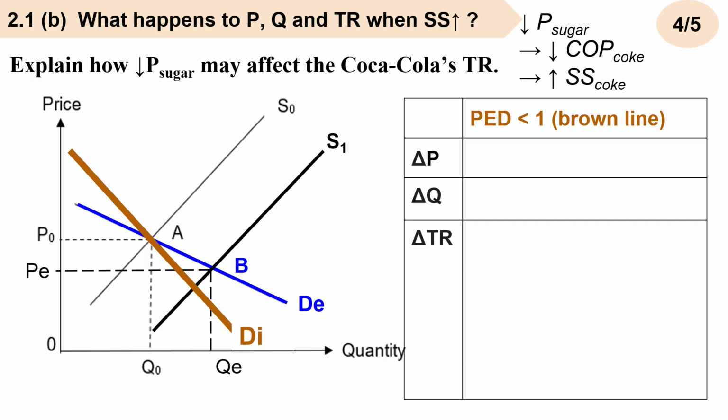Okay, then where DI cuts S1 will be your equilibrium point C. And then if we extend it, your new equilibrium price is PI, and your new equilibrium quantity is QI. And we always have to draw these two curves because we need it as a point of comparison.